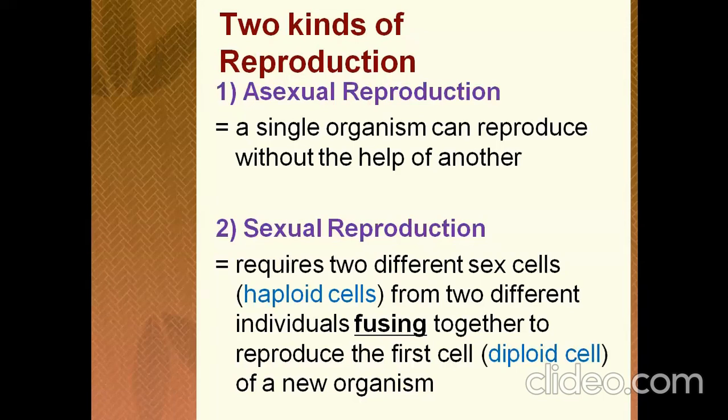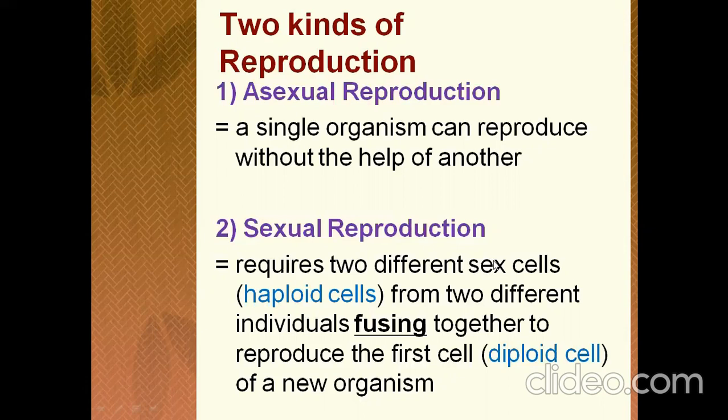Both are within the same individual, and they are producing two types of sex cells. Male parts produce male gametes, while female parts produce female gametes, right?